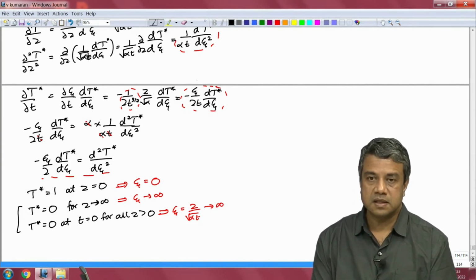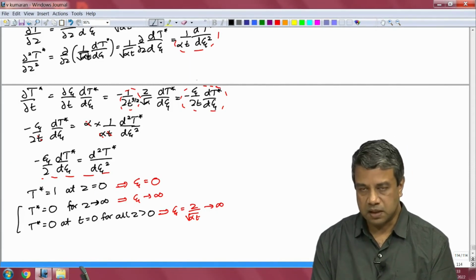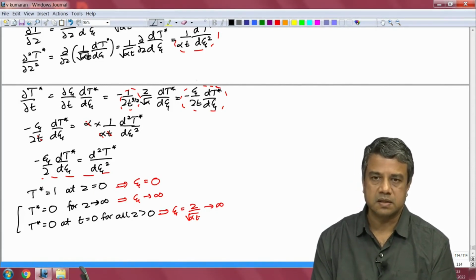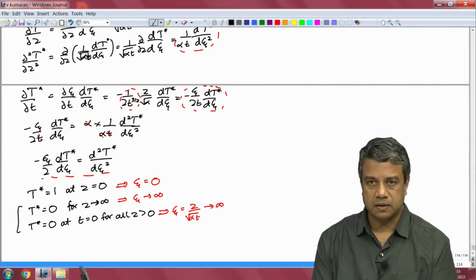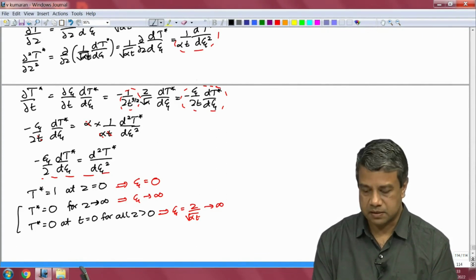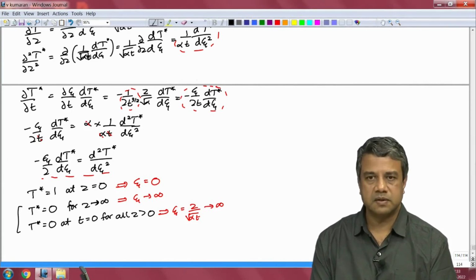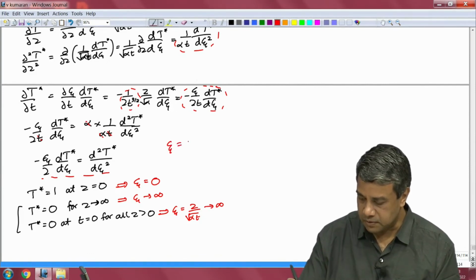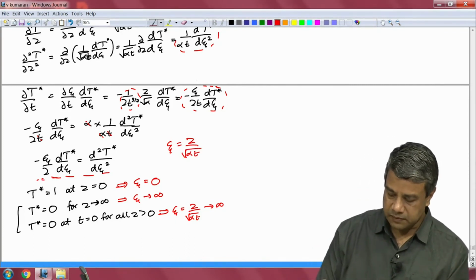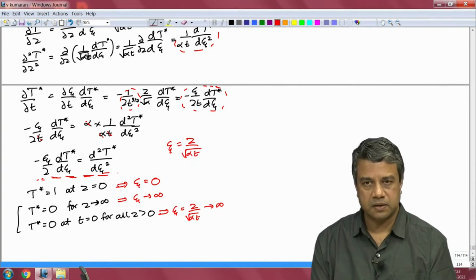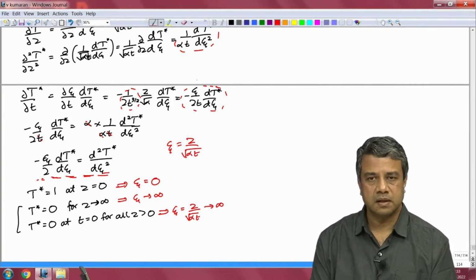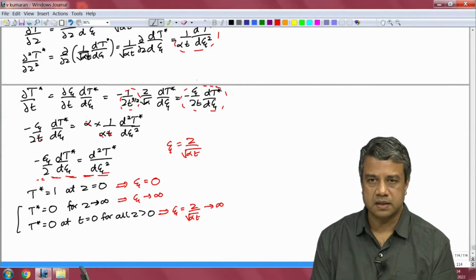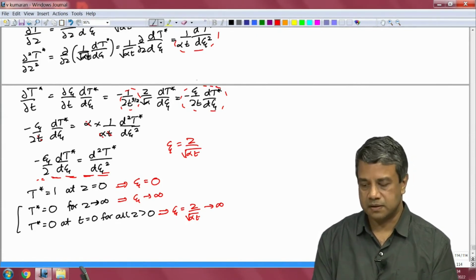And this condition has to be satisfied if we are to get a similarity solution. Both the governing equation as well as the boundary conditions should be functions of psi alone if we have to get a similarity solution. In this case we had postulated that the similarity variable psi is equal to z by root alpha t, and then we were able to get an ordinary differential equation for psi, a second order equation, and two boundary conditions as required for solving a second order equation.